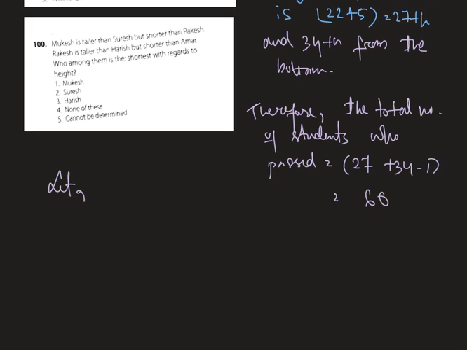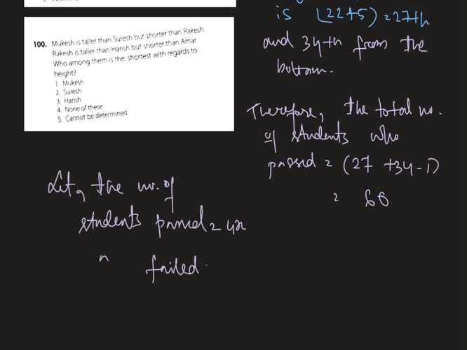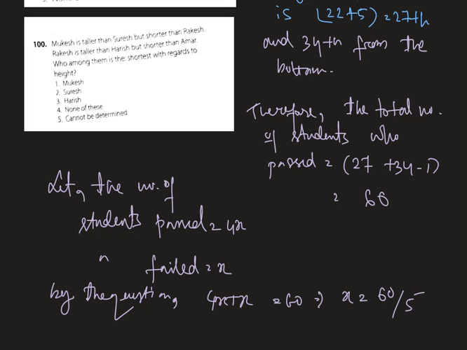Now let the number of students passed be 4x, and the number of students failed be x. Then by the question we can say that 4x plus x is equal to 60. This implies x is equal to 60 by 5.